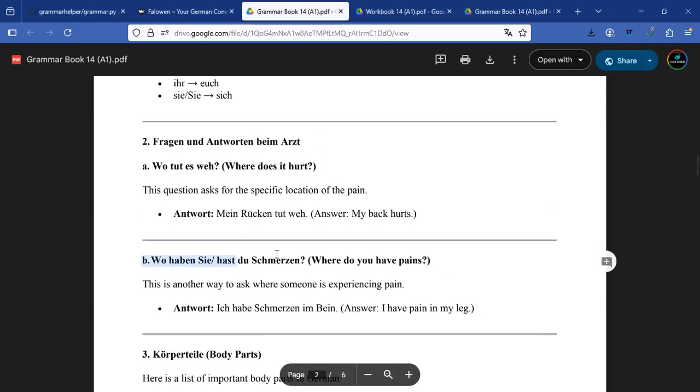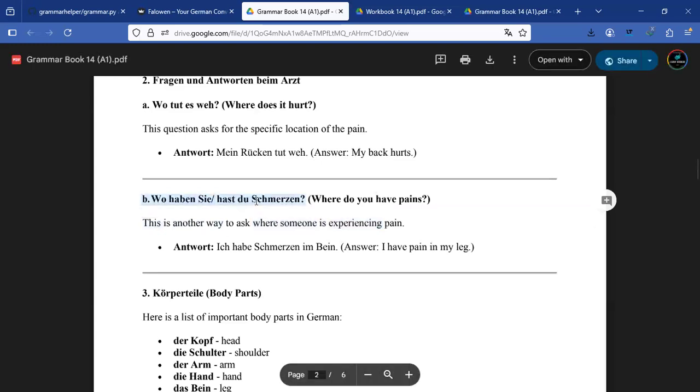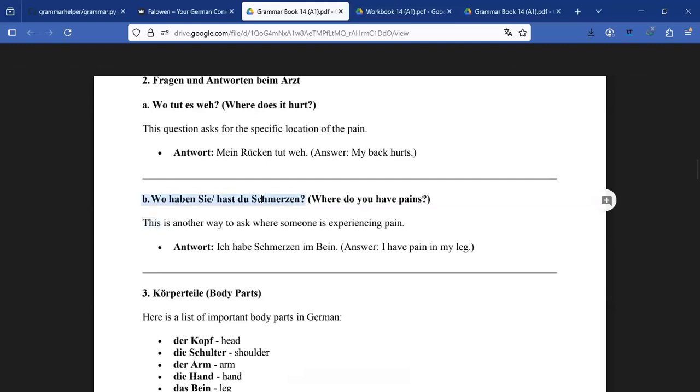You also have another option that you can say, where do you have pains? So wo haben Sie oder hast du Schmerzen? Right? So where do you have pain? So this is another way to ask where someone is experiencing pain. And you can say that ich habe Beinschmerzen or ich habe Schmerzen im Bein.